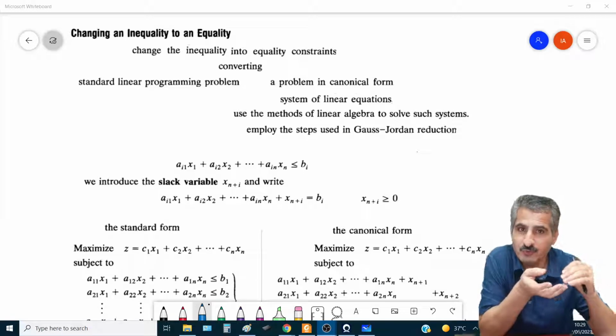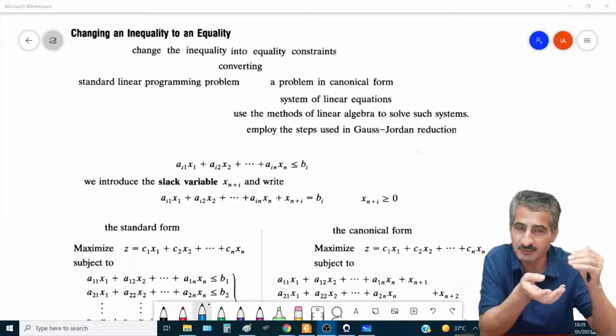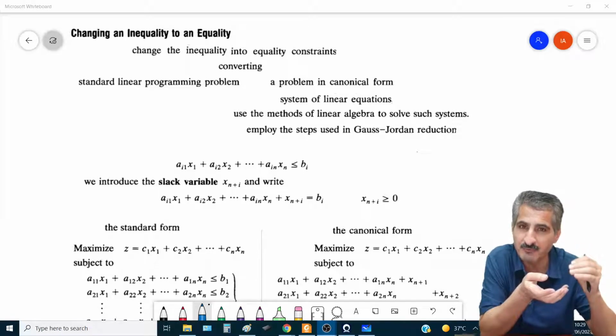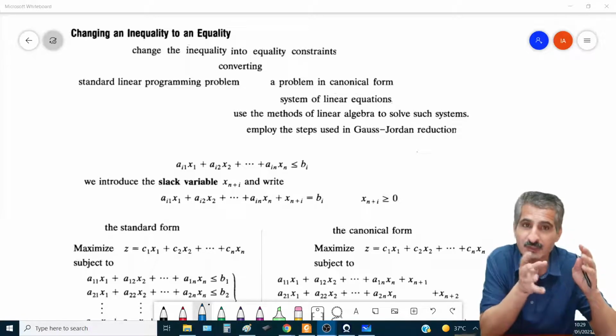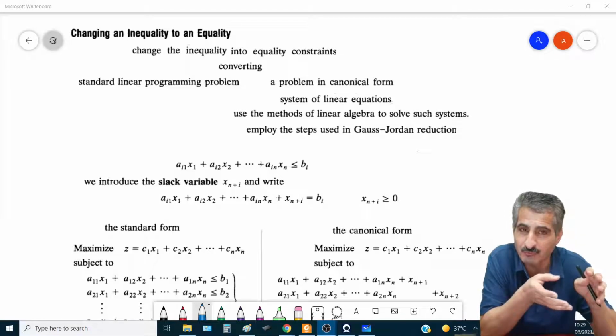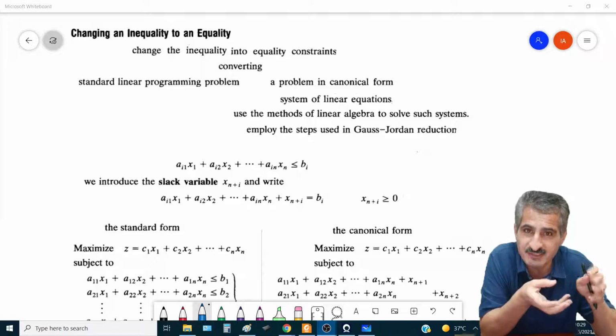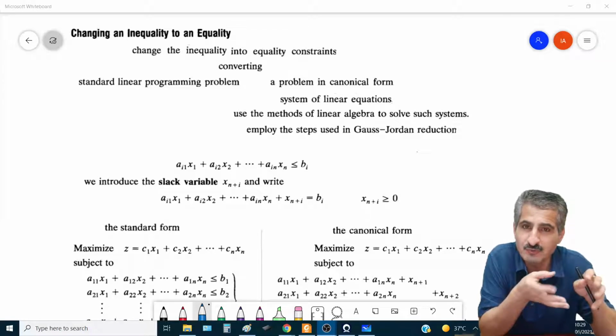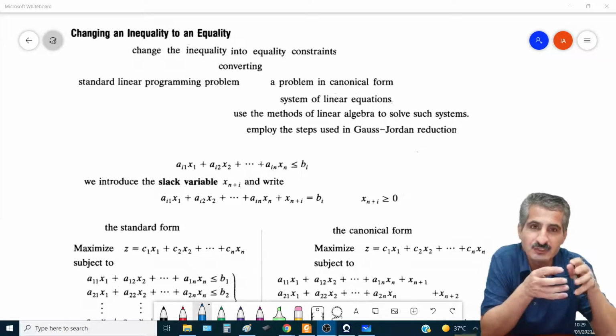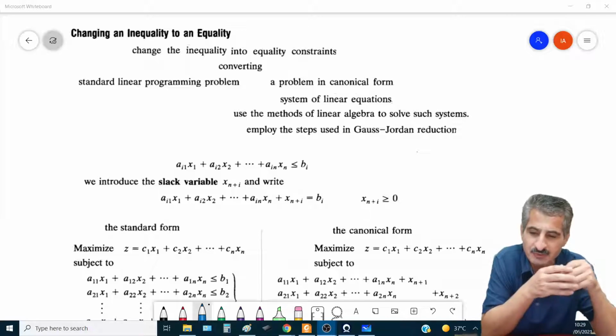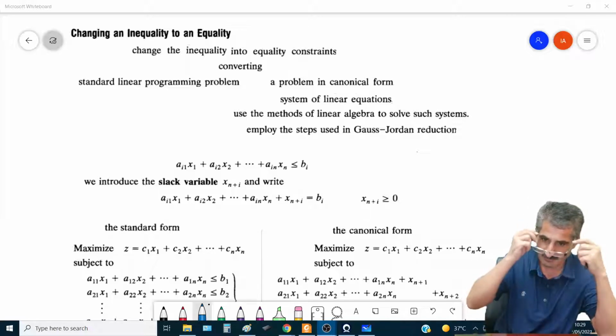So, according to what we have already learned, converting a linear programming problem to matrix notation, then having a canonical form, the matrix notation of it will be a linear system. And you know how to solve a linear system using Gauss-Jordan or any method.